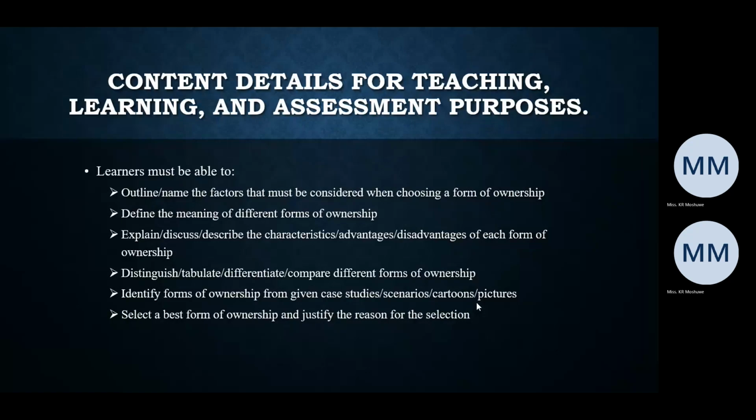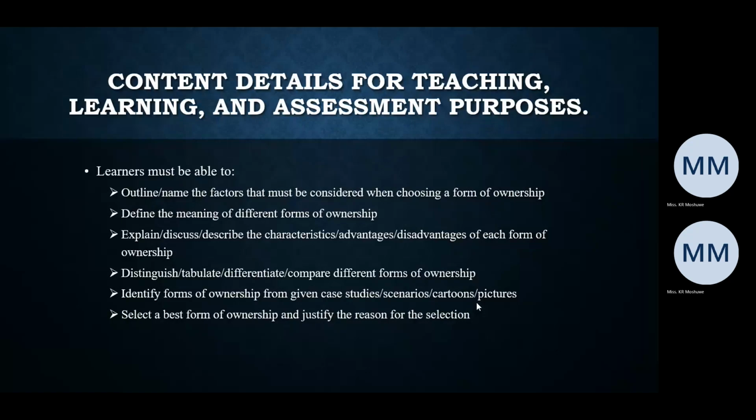So for this entire chapter, learners must be able to outline or name the factors that must be considered when choosing a form of ownership, define the meaning of different forms of ownership, explain, discuss, or describe the characteristics, advantages, and disadvantages of each form of ownership, distinguish or tabulate, differentiate, or compare the different forms of ownerships, identify forms of ownership from given case studies, scenarios, cartoons, or pictures, select a best form of ownership, and justify the reason for your selection.